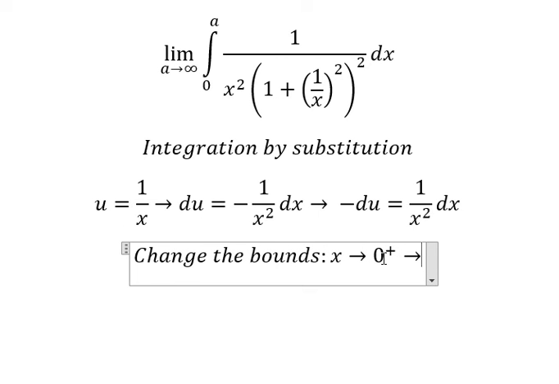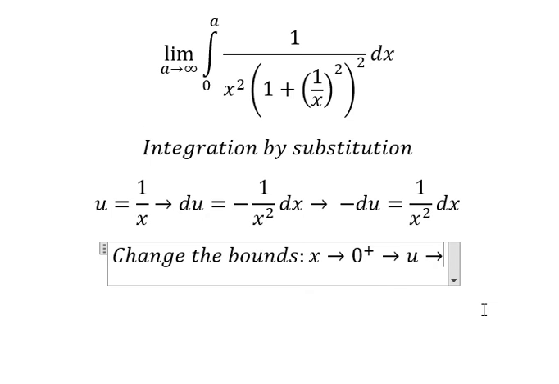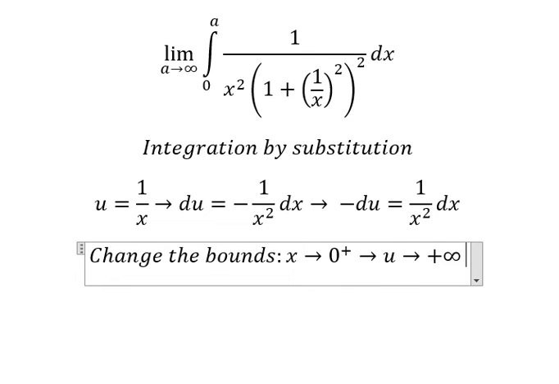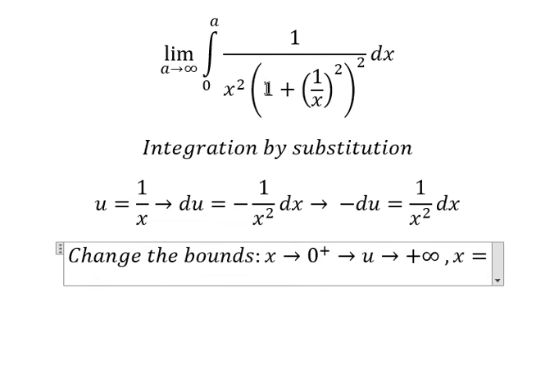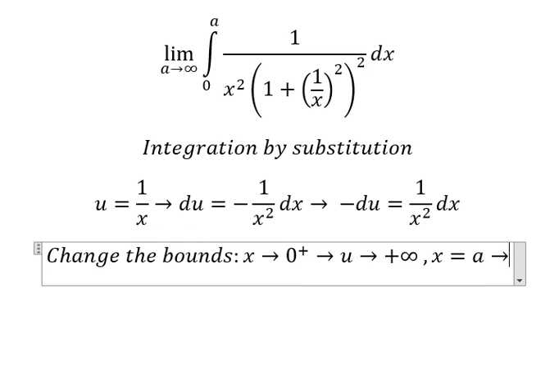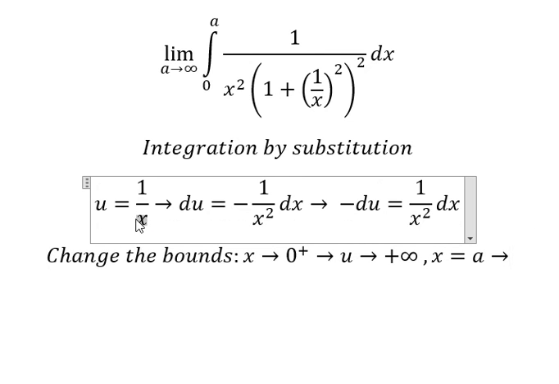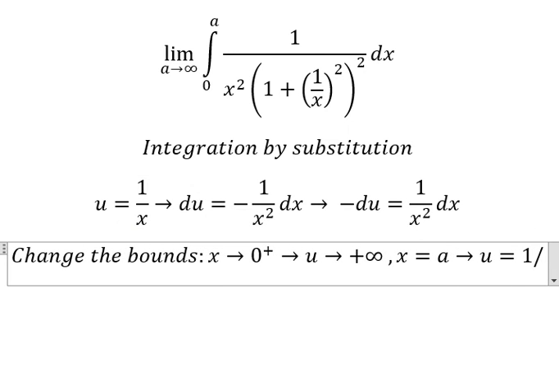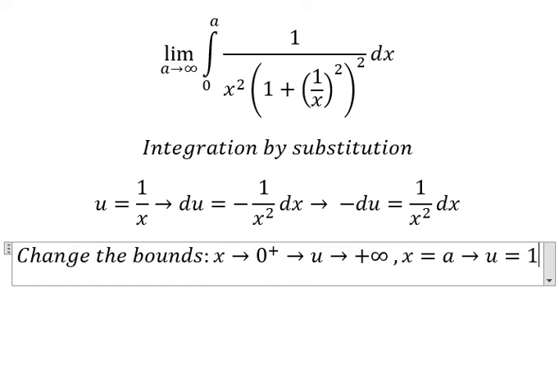So if we put 0 in here, u will go to positive infinity. When s equals a, we put a in here, and we have u equals 1 over a.